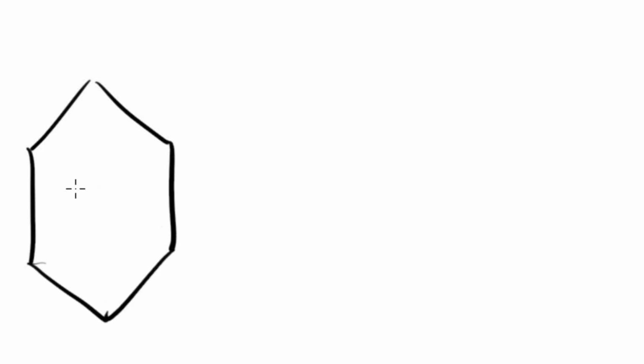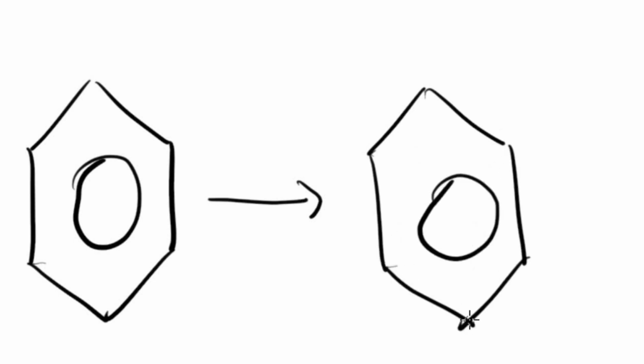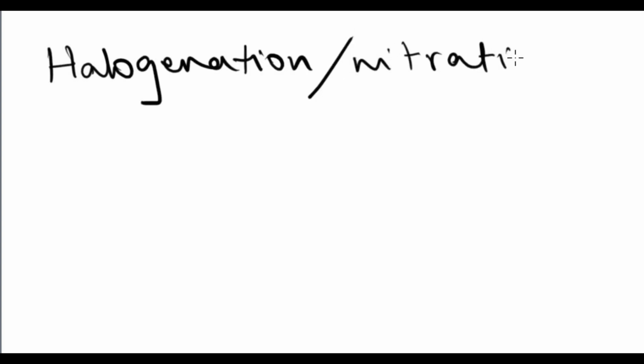Alright, so when you add one hydroxyl group to benzene, you're going to get phenol. And it is quite similar to benzene in terms of reactions. But when we speak about halogenation or nitration of phenol, it is slightly different to benzene, because instead of going into just one carbon, it splits into 3 different carbons.